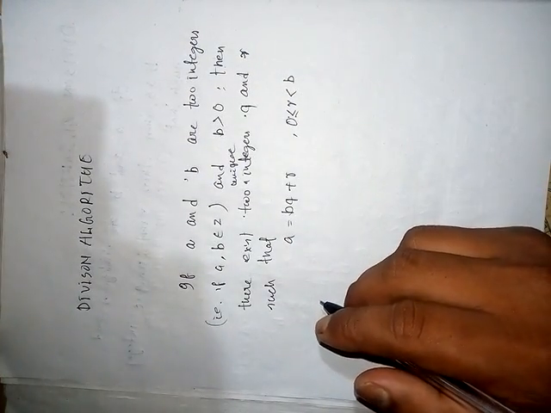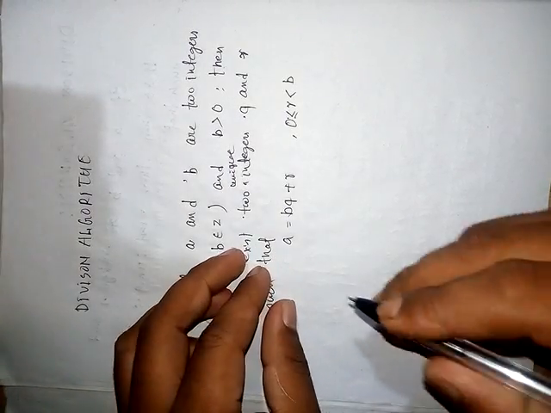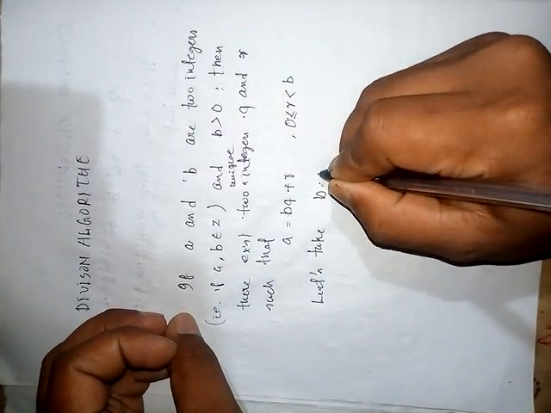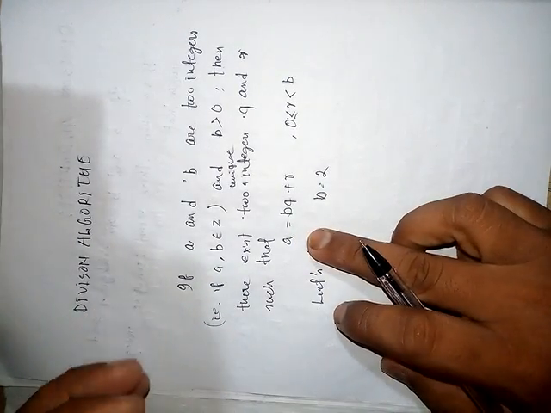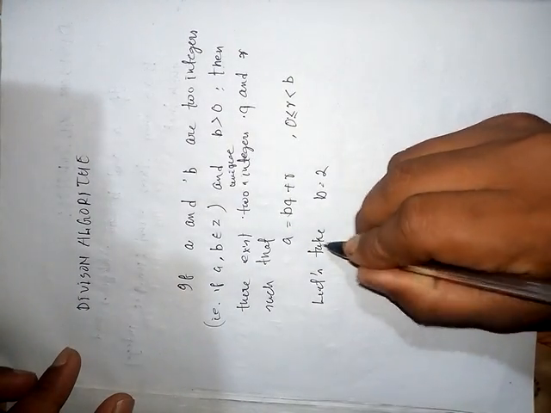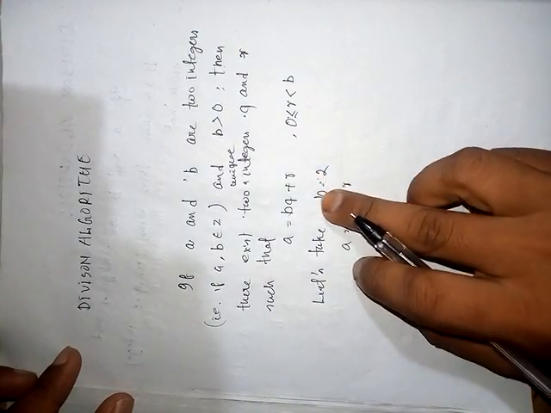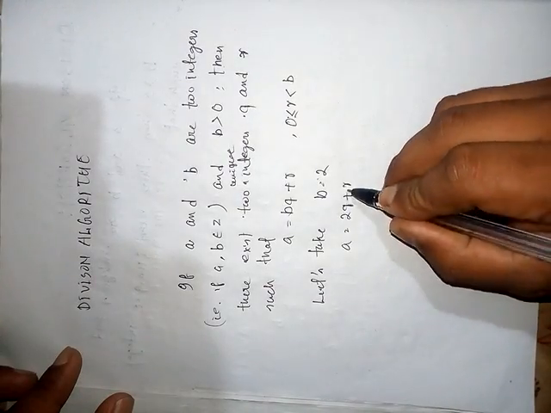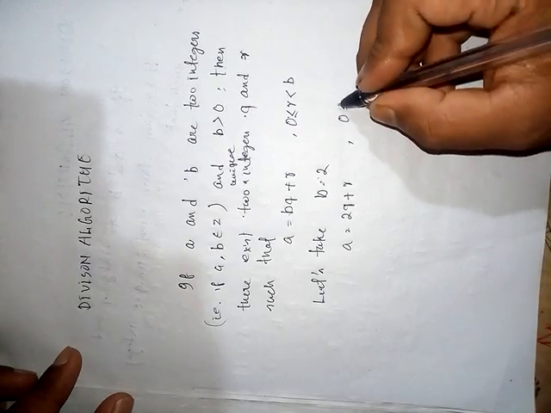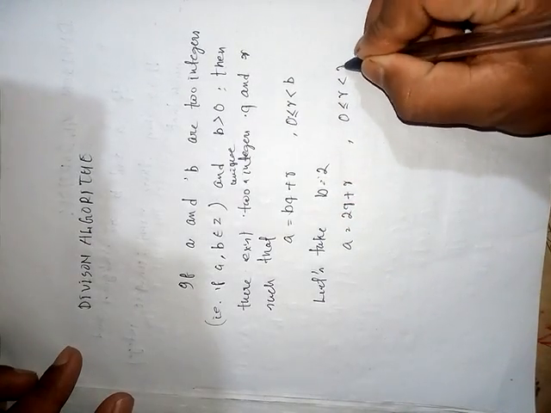Okay. Now let's take b equal to 2. If we take b equal to 2, then from this line a will be a equals 2q plus r. Here r is greater than or equal to 0, and since b is 2, it is less than 2.